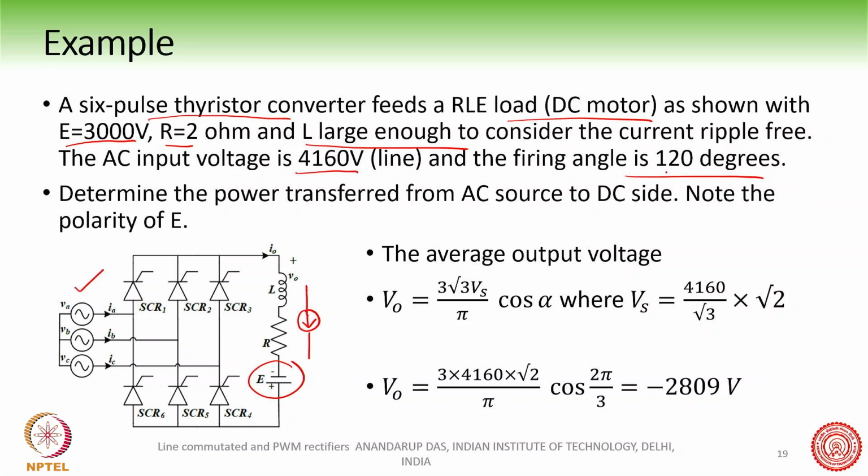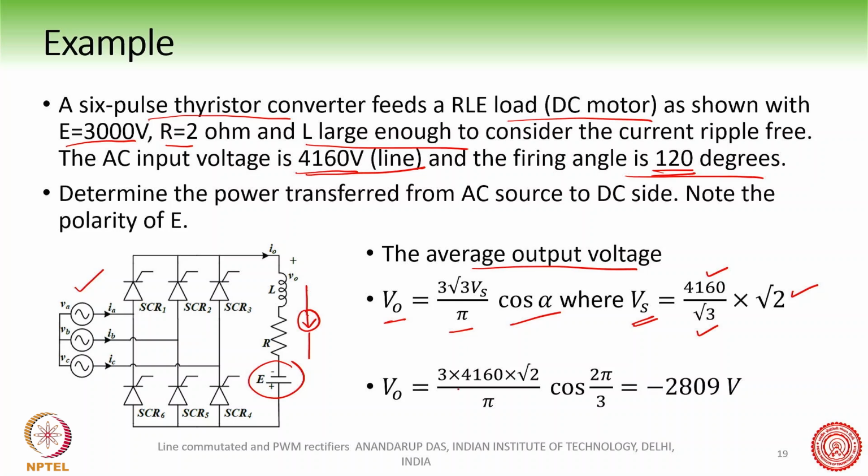Now when you have a firing angle of 120 degrees, what is the average output voltage? Average output voltage is 3 root 3 Vs by pi into cos alpha. What is Vs? As I told you, it is the peak of the phase voltage. 4160 is the line voltage, so 4160 divided by root 3 is the phase voltage, into root 2 gives the peak of the phase voltage.